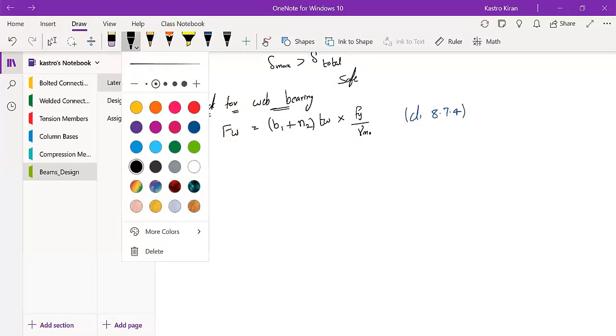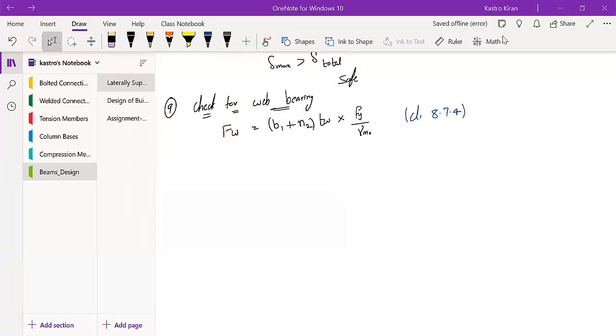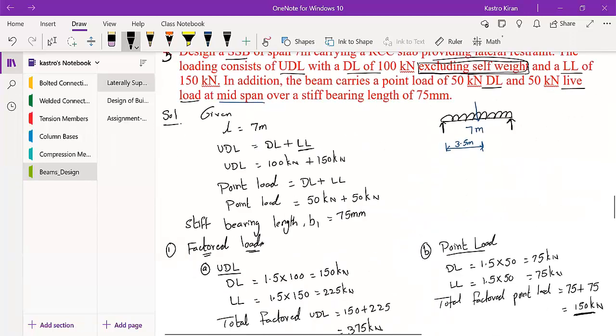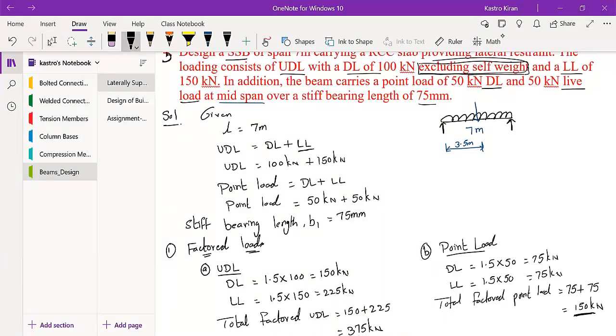If you refer to that particular clause, you will get to know this formula. That is how the value of FW is obtained from clause 8.7.4. Now here the value of B1 is given in the question, which is the stiff bearing length. The stiff bearing length is given as 75 mm.